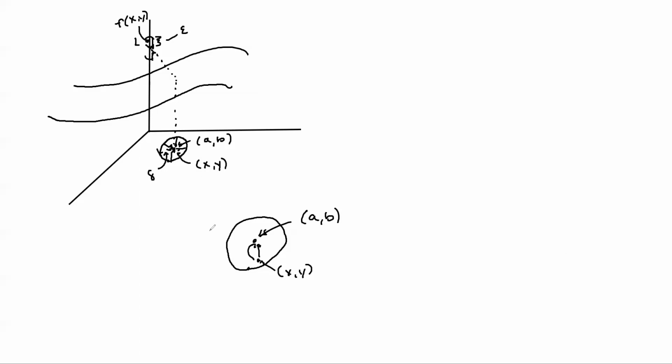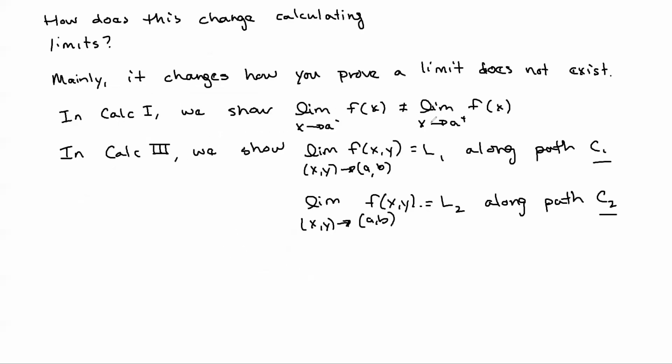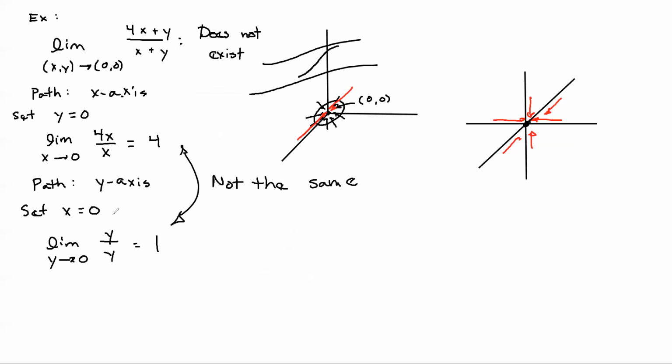Then the consequence of the fact that you can approach along different directions, instead of just the two directions from Calc 1, is that we have to look at paths instead of just left and right. And then once we've got paths, you've got to pick paths and try calculating the limit to see if you get different values, right?